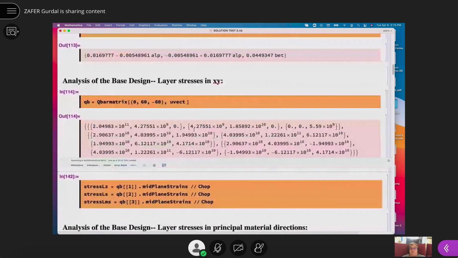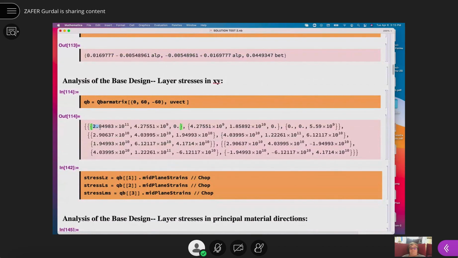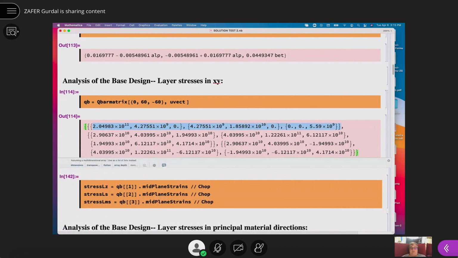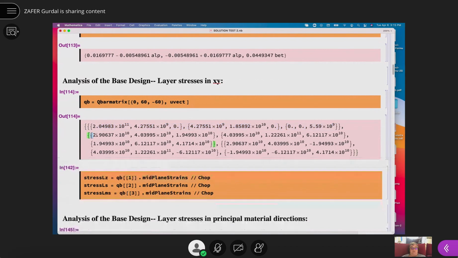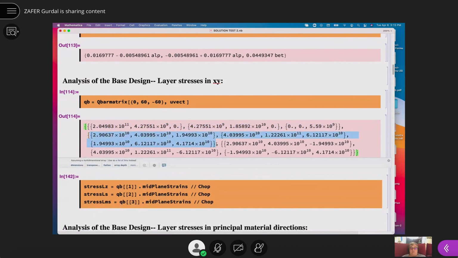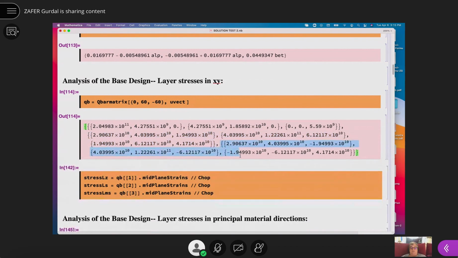So the first is the Q-bar matrix for the 0, which is this number here. Second is the Q-bar matrix for plus 60. That's this one here. And this one is for the minus 60.